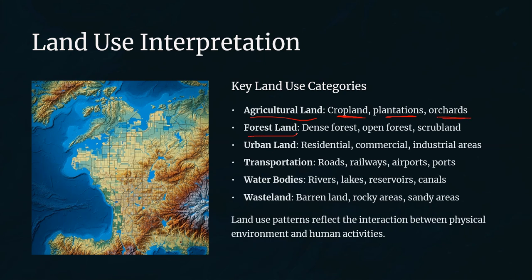Then the forest land: dense forest, open forest, or scrubland we can understand from the toposheet. So what is scrubland? Scrubland means patches of forest, right? And urban land: the residential, commercial, and industrial area.